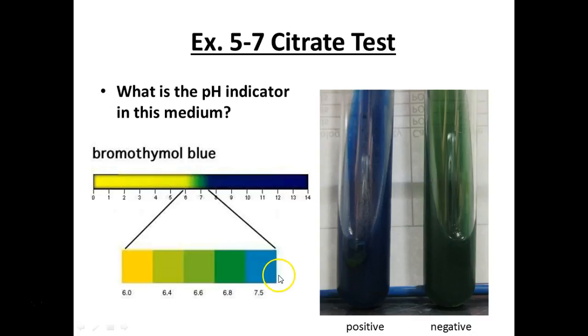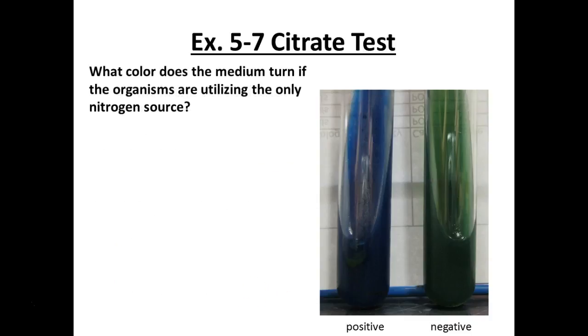As it increases in pH, it's going to turn blue. So the pH went up, which means it's basic. That's fewer hydrogen ions. So it turns blue. A decrease in hydrogen ions means an increase in pH.